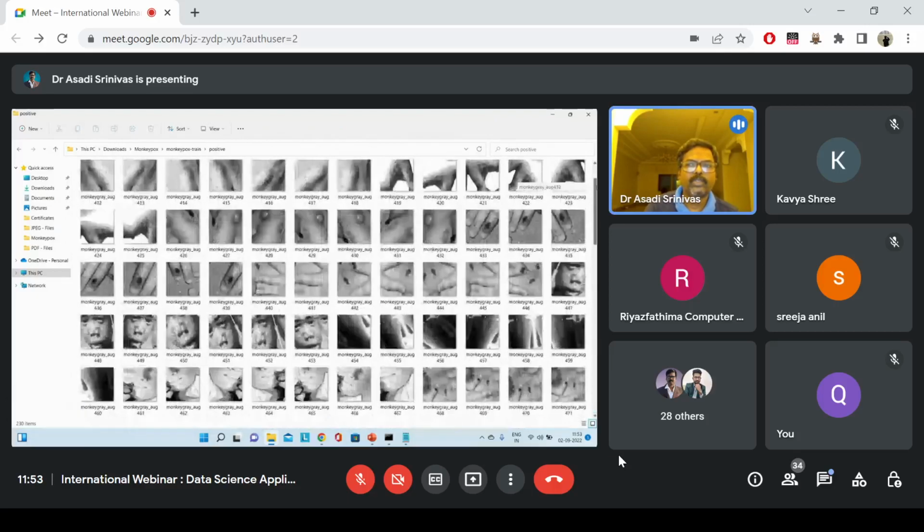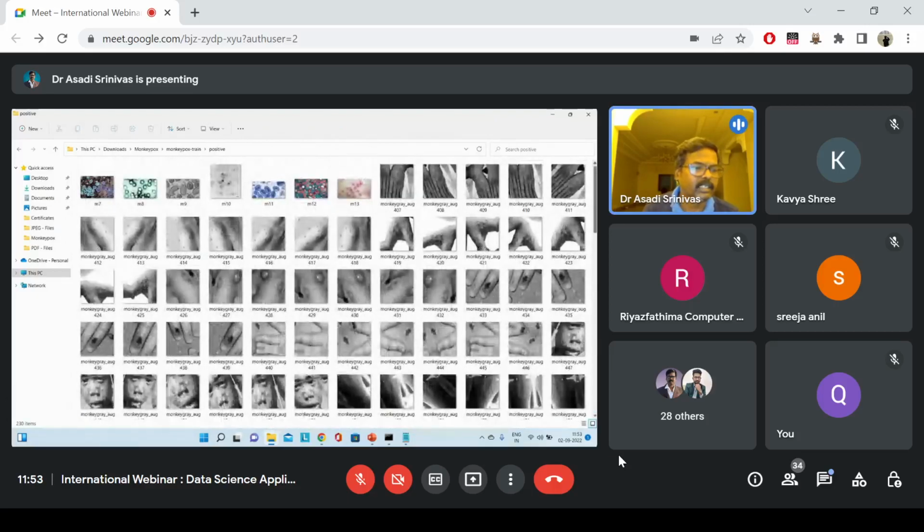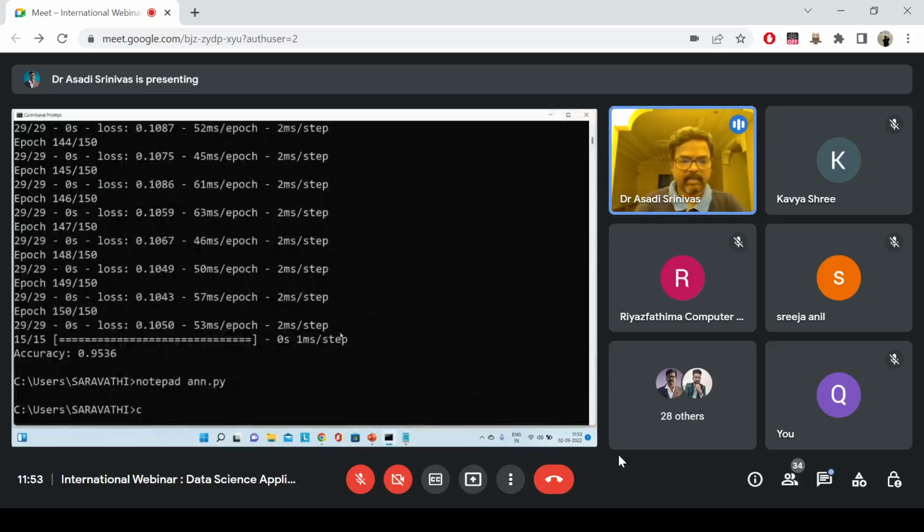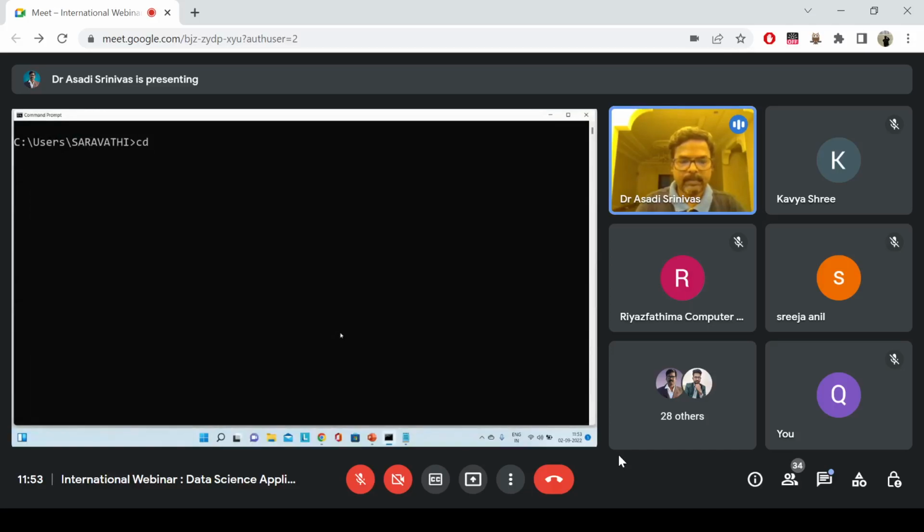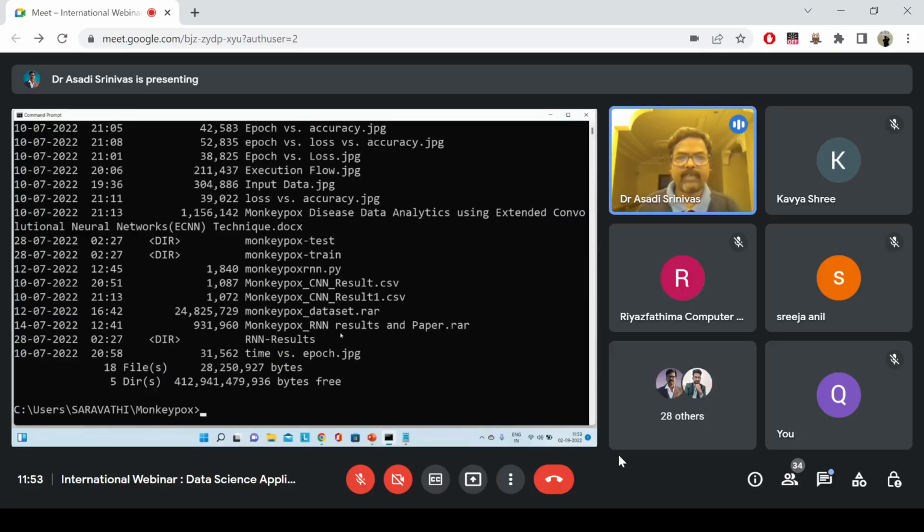Now I'm going to generate a 75% training data set and a 25% testing data set. Now if you see, cd monkeypox. In that folder I'm checking the directory to see how many files there are.